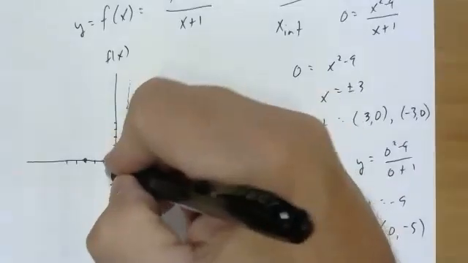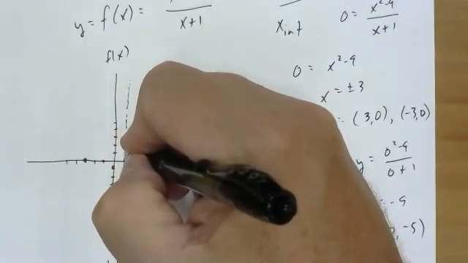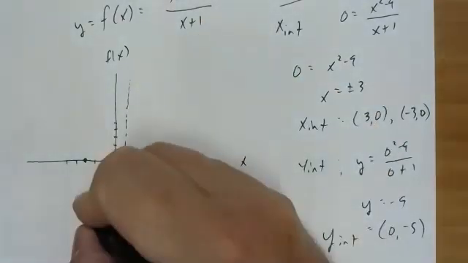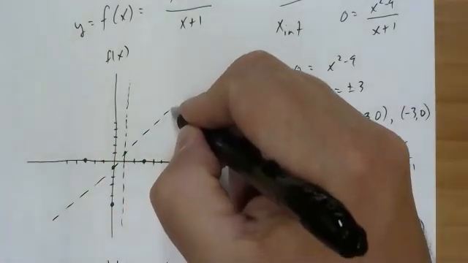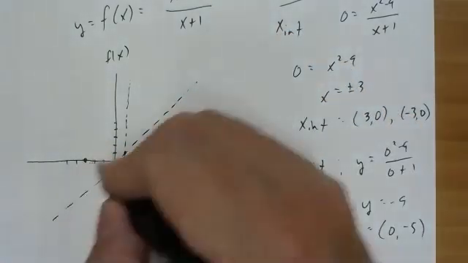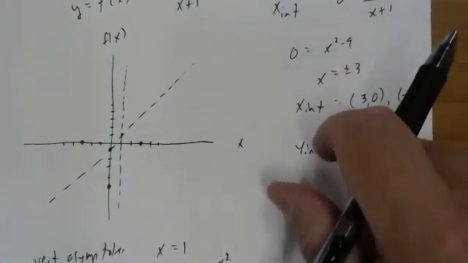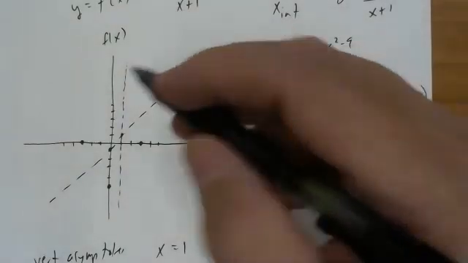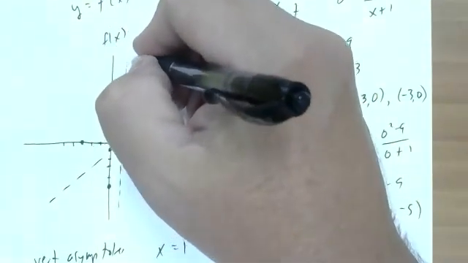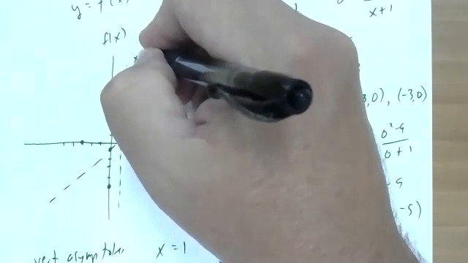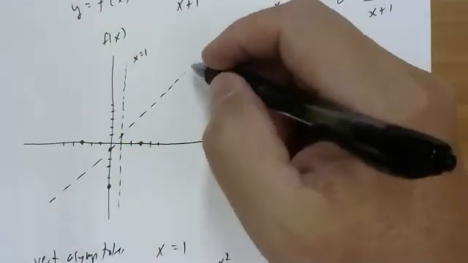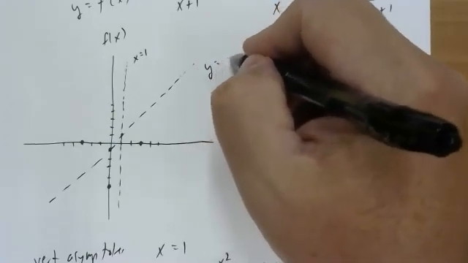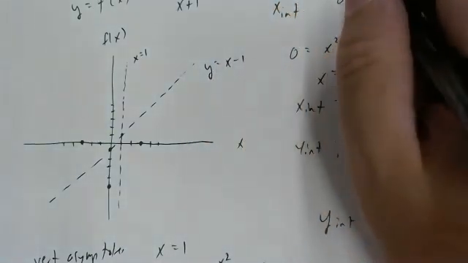The slope is 1. So you go 1 up, 1 over. And there's your oblique asymptote. This one is the equation y equals x minus 1.